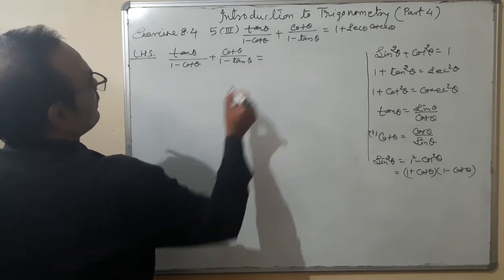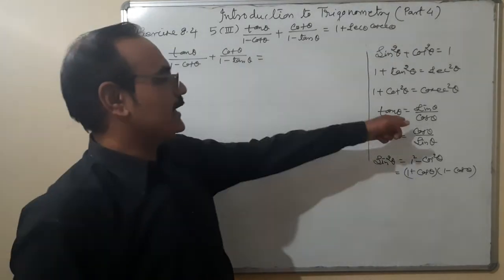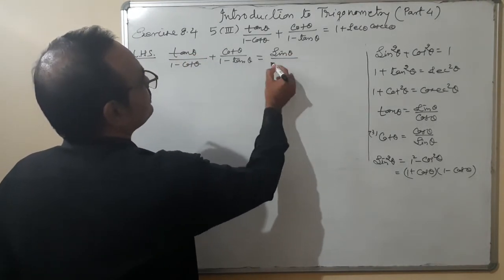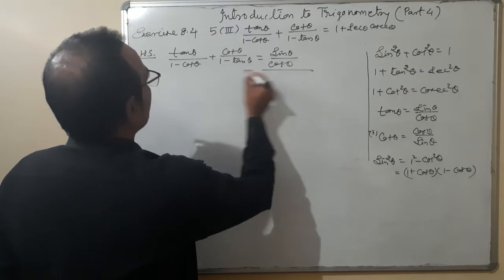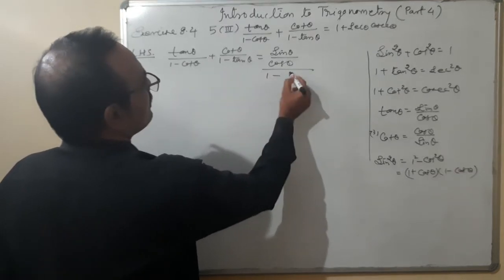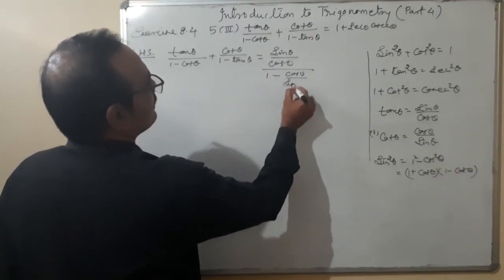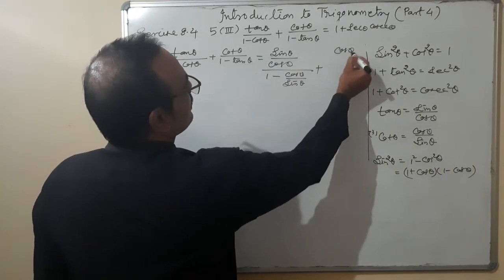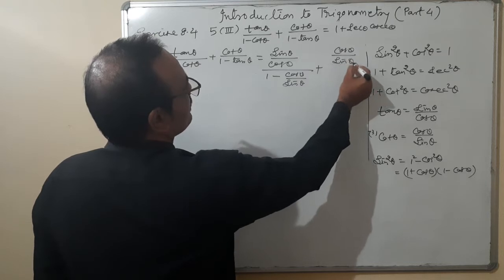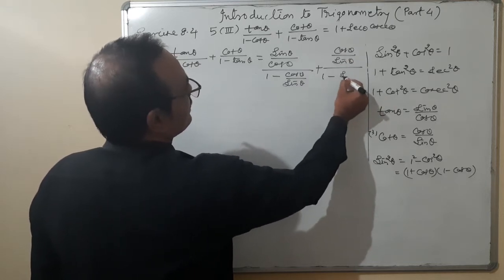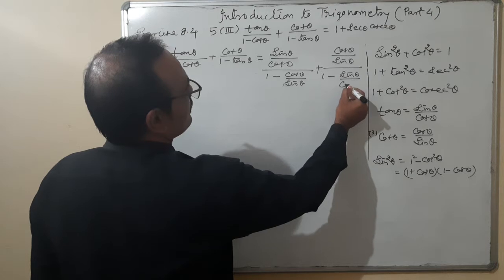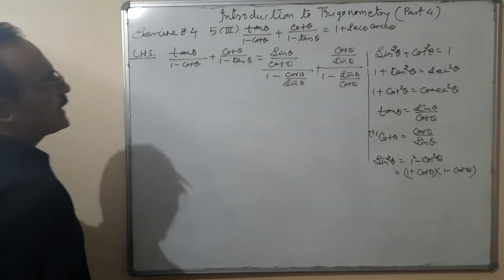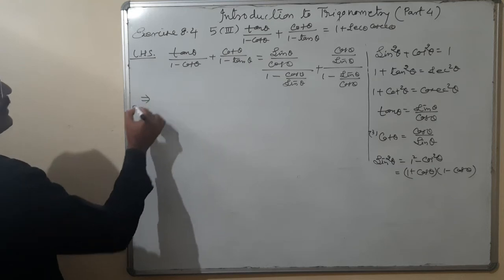Okay. Tan is written in the form of sin upon cos. So tan theta is sin theta upon cos theta, upon 1 minus cot theta, cos theta upon sin theta, plus cot theta, cos theta upon sin theta, upon 1 minus tan theta, sin theta upon cos theta. What I have done is that all tan and cot are converted to the form of sin upon cos and cos upon sin. Okay.